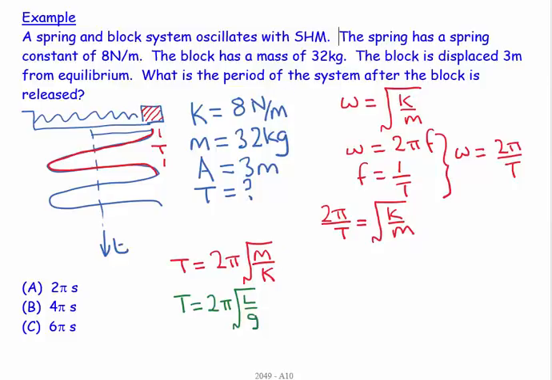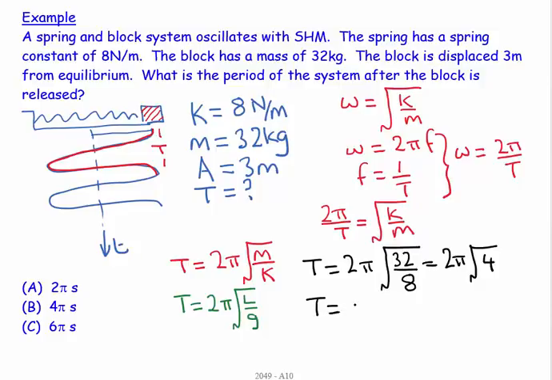However you do it, we get to the stage where we have the equation, and then we say, well, T is equal to 2 pi times the square root of m, well, my m is 32, divided by my k, and my k is 8. So this will be 2 pi times the root of 4.